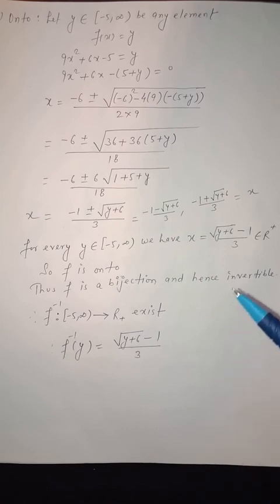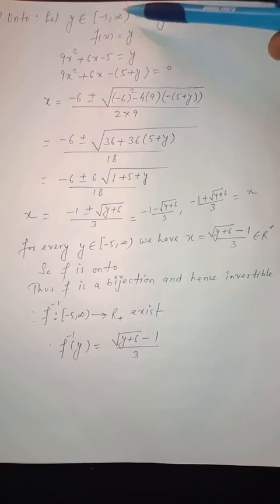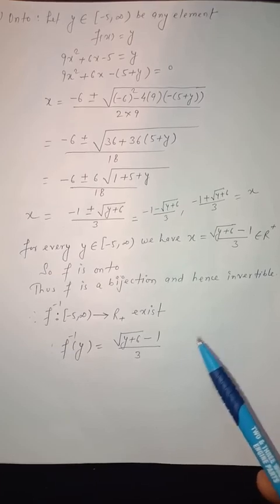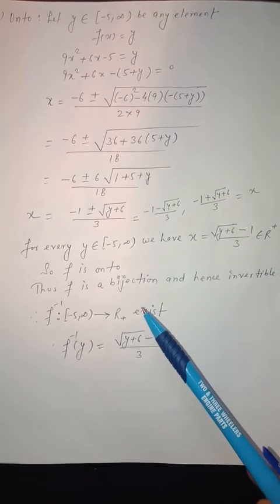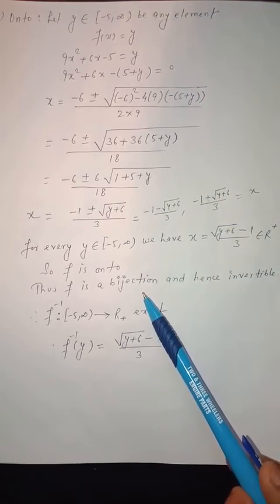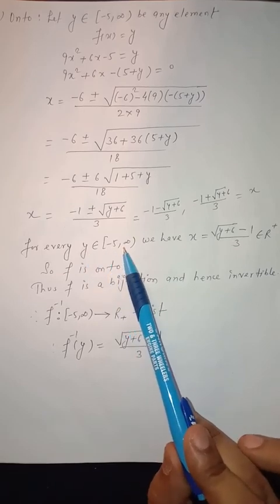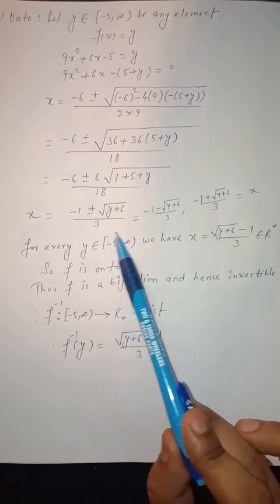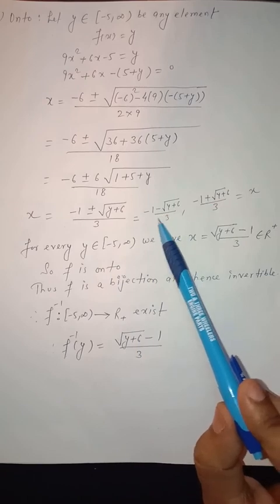Now what is the value of y? We have assumed that y is from set B, which is the closed interval minus 5 to infinity. It means we have to show that for each y which belongs to this set, there is an x in set A. So when this y is from minus 5 to infinity, why am I ignoring this term?